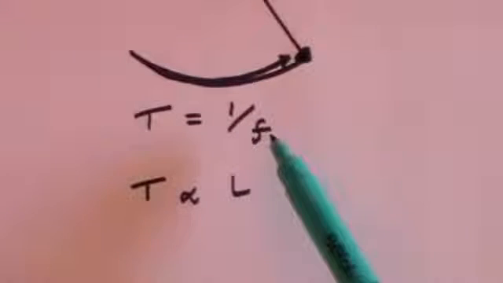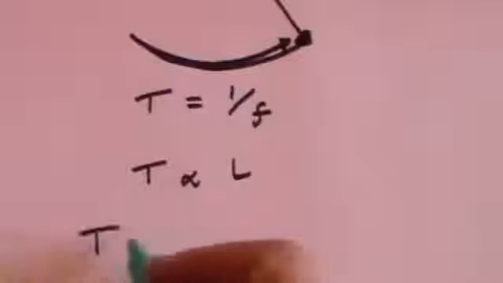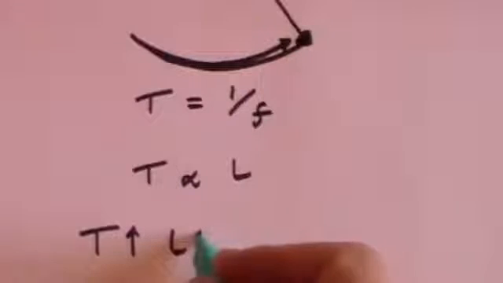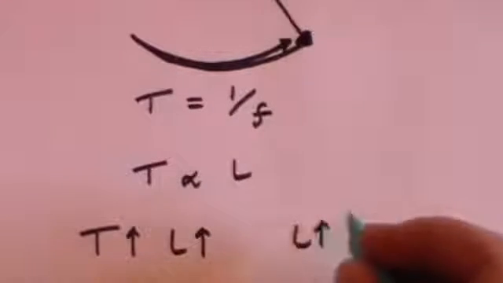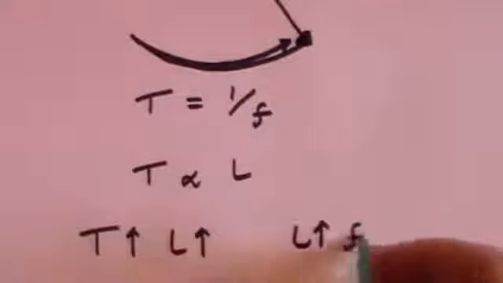And obviously if T increases with length, then frequency will decrease with length because T is equal to 1 over F. As T increases, F must decrease. So as length goes up, so does T. It is also true that if length goes up, frequency goes down. So the frequency is lower as length increases, but the time period increases as length increases.